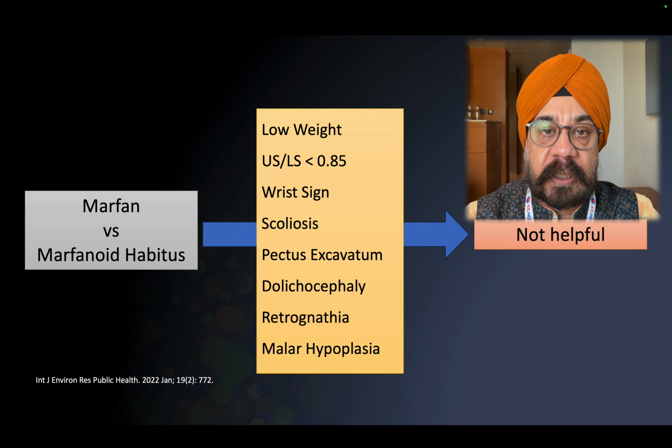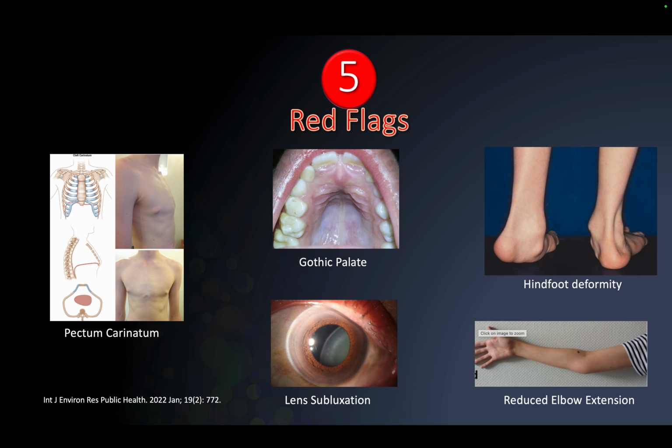So these were not really helpful in making a diagnosis of Marfan, and what were helpful were these 5 red flags. Pectus carinatum was associated. You have a high arched palate or Gothic palate; the middle portion goes as an arch, more of a triangular one rather than the circular one in a normal person.